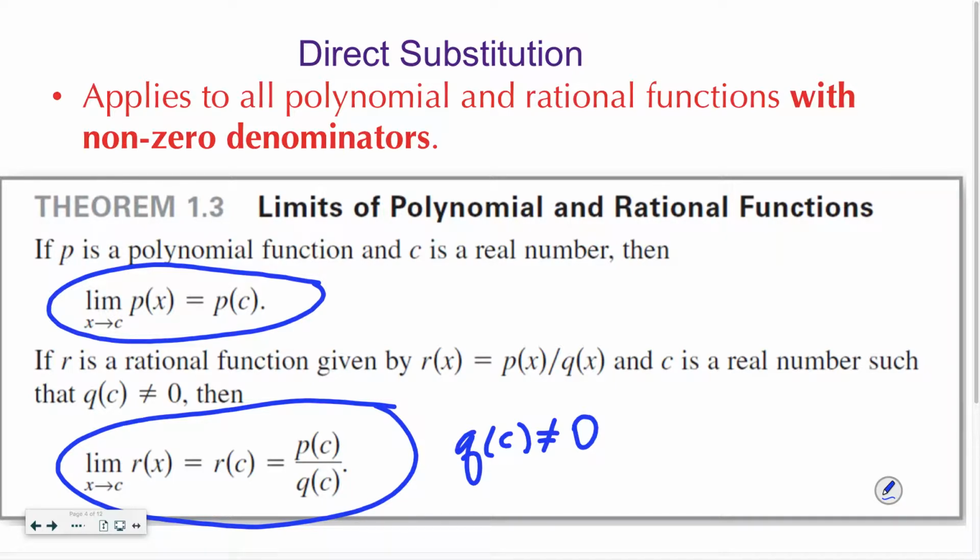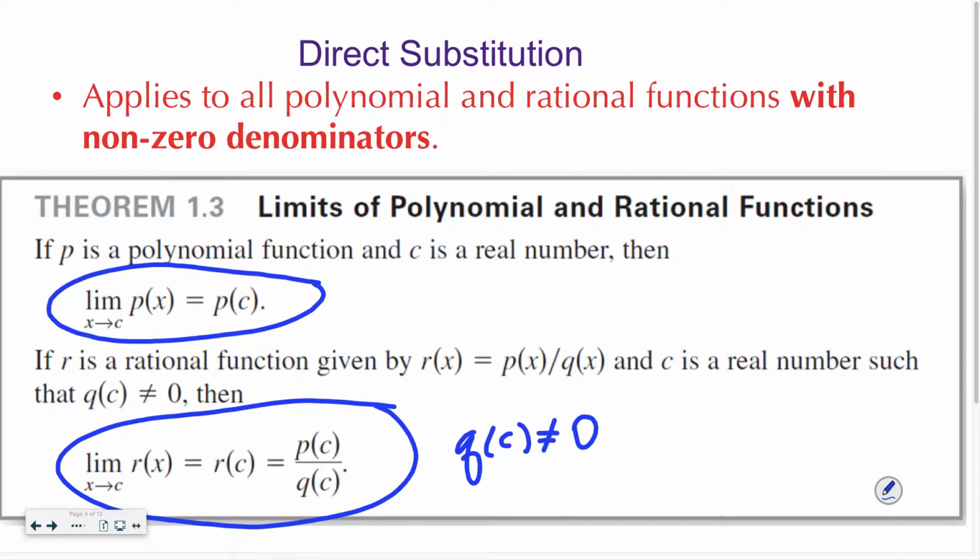But whatever x is approaching, we can take that number and plug it in. Answer me this. If I am graphing a function and I plug x into my equation, what does that give me? The y value.